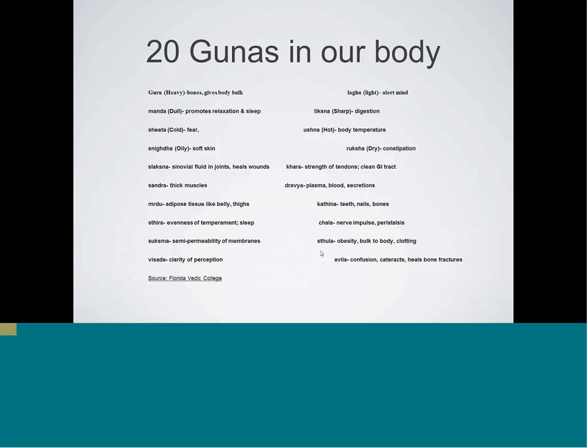If the blood doesn't clot when there's a wound, that is a serious problem. The vishada, the clarity, the clear quality, is present in clarity of perception, and the avila or cloudy quality is manifest in confusion, in cataracts, and in the healing of bone fractures.